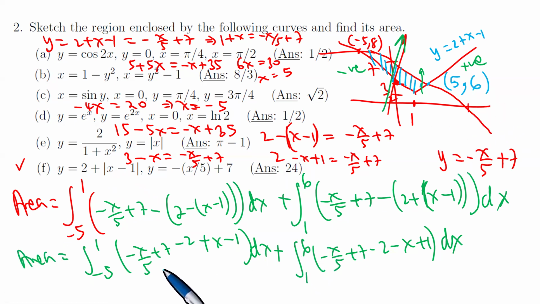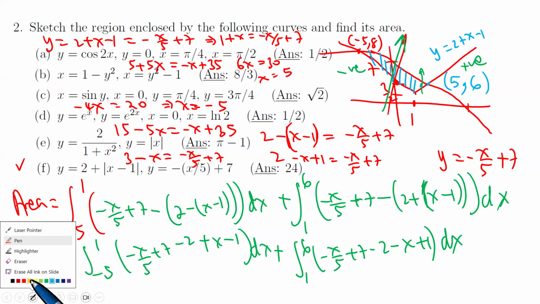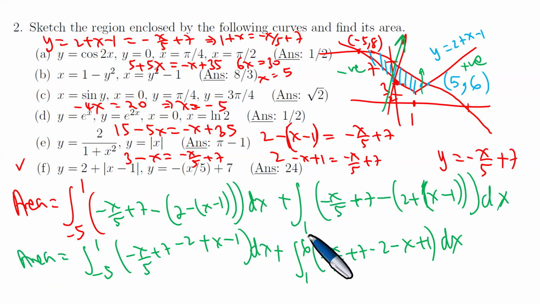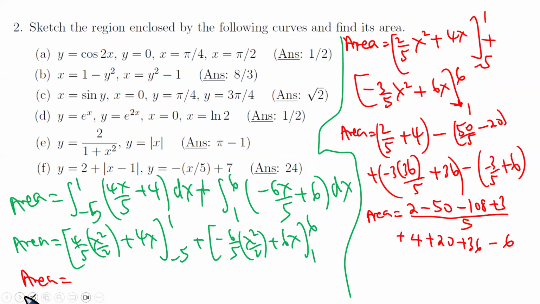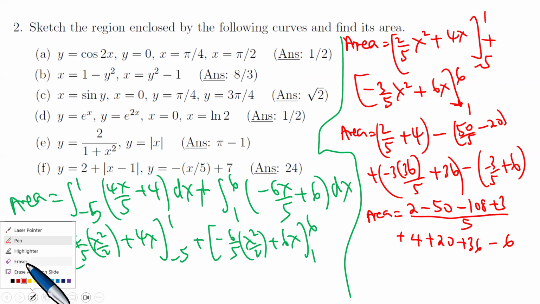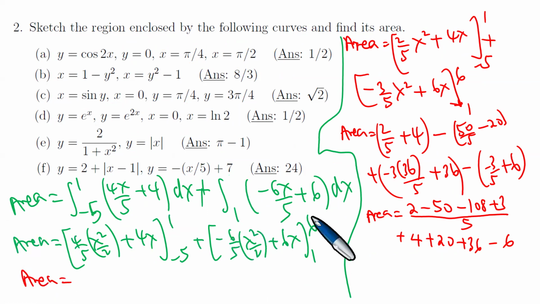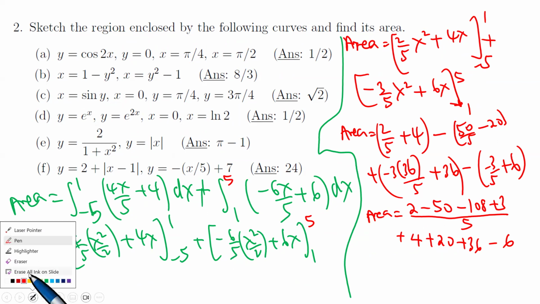So the limits of integration, therefore, will change to 5. 1 to 5 here, and then 1 to 5 there. So it is going to change to 5 here, 5 there, 5 there, and so on. Okay, let us check what we got.